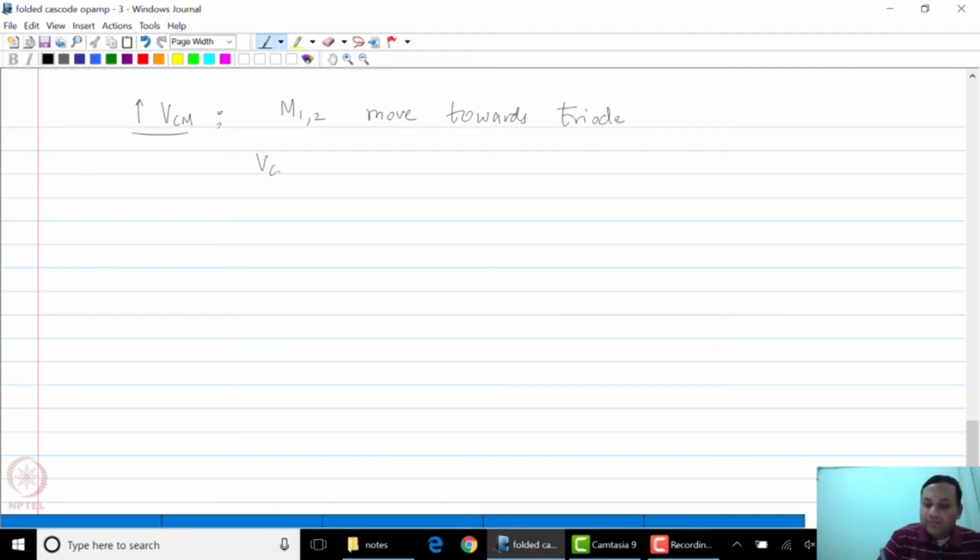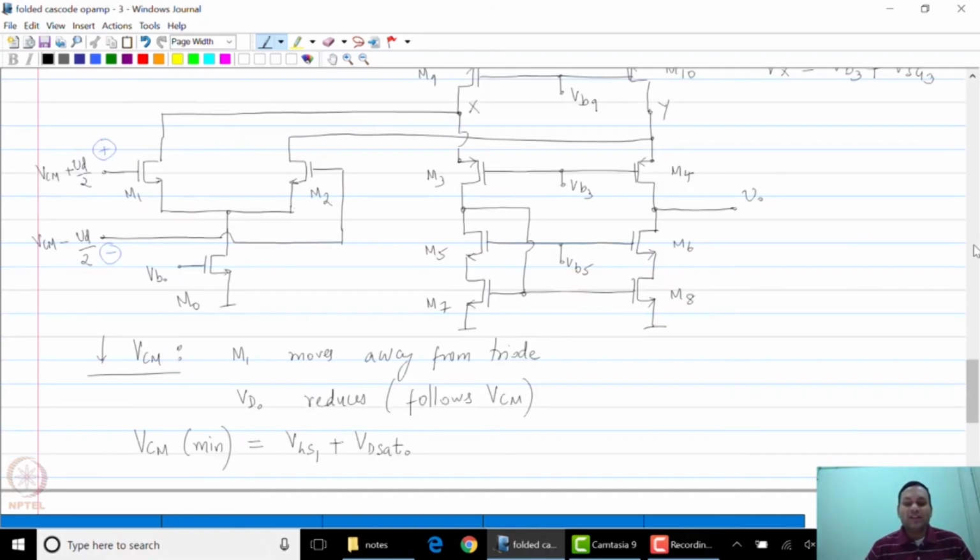And VCM max will be given when the transistor M1 or M2 hits the edge of triode region, and that can happen when the gate rises to one threshold voltage above the drain voltage.